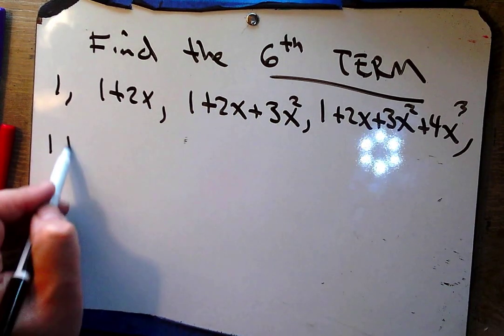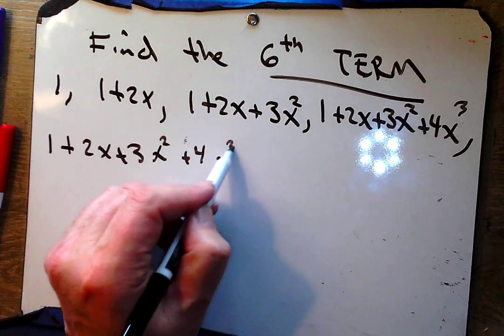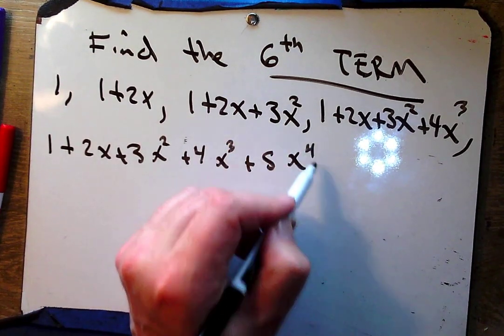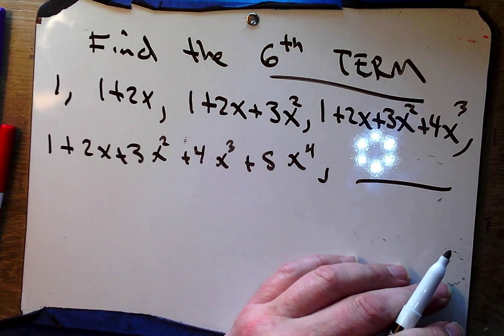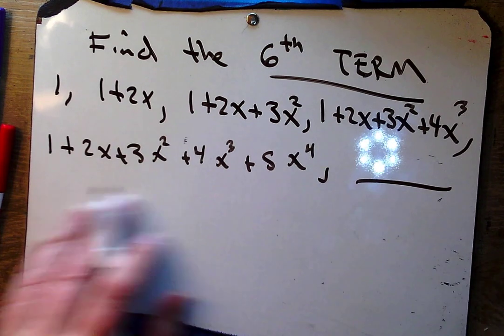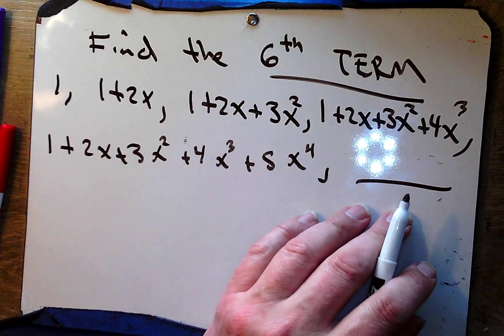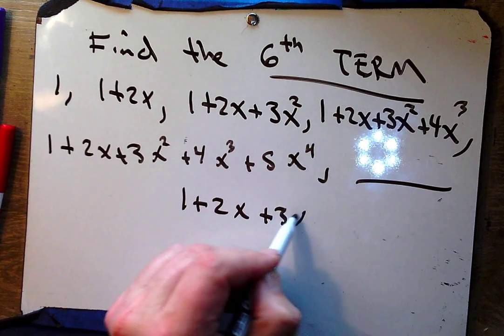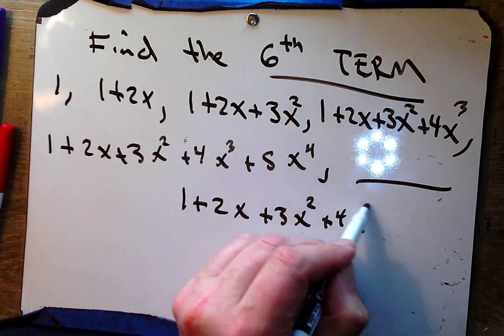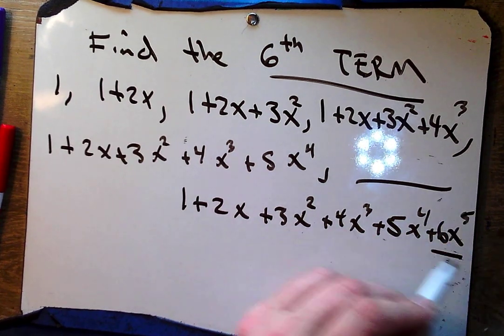I need another one. 1 plus 2x plus 3x squared plus 4x to the third plus 5x to the fourth. And then they say, what's the next term? What's the sixth term? Can you do it? Try writing down the sixth term. Nice. Yeah, I agree. 1 plus 2x plus 3x squared plus 4x to the third plus 5x to the fourth plus 6x to the fifth.